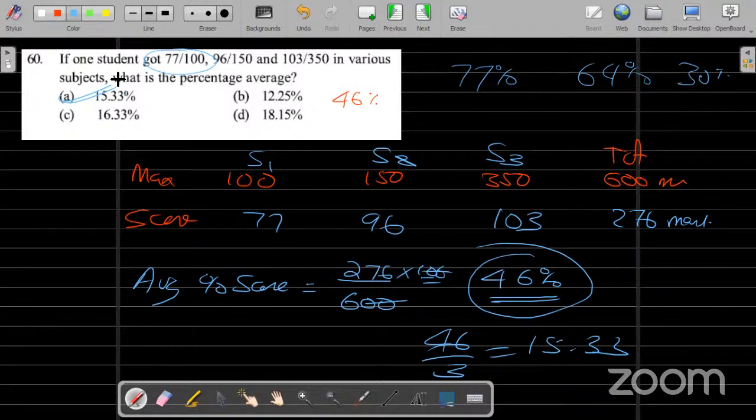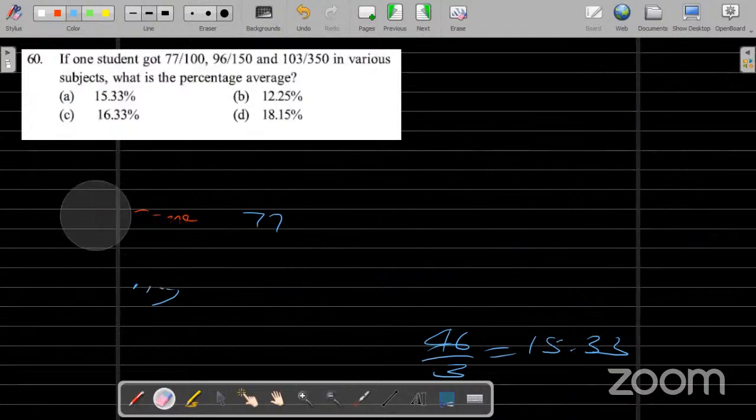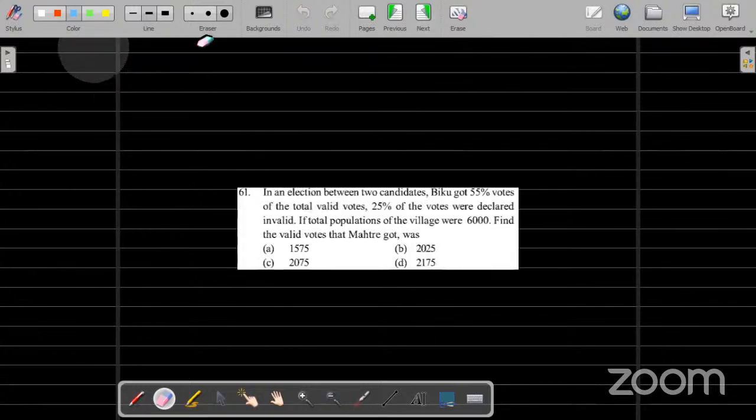For the second one he gets 64%. 96 out of 150 is 64%. 103 out of 350 is approximately 30%. So on an average, he gets 46%. That is the right answer. They might have made some mistakes, I think it might be while copying the question.